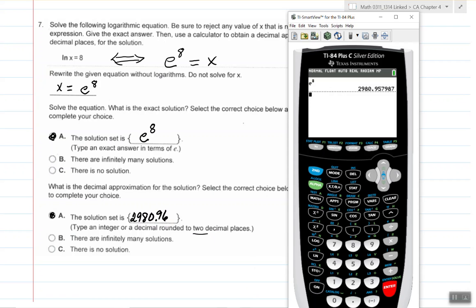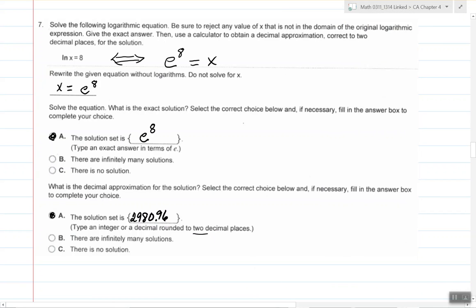Okay. So we want to make sure the log is written as just a single logarithm, and then we will swap it to its exponential form and be able to solve.